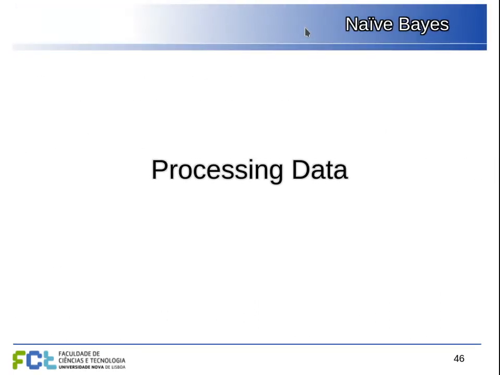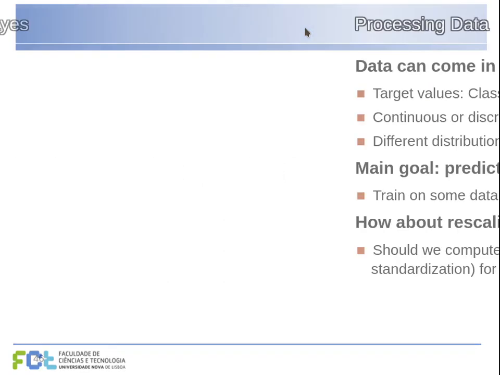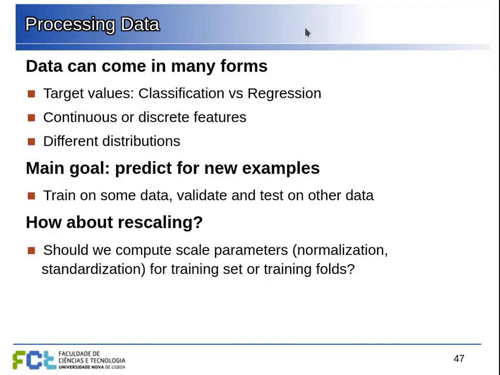Okay, so one thing that we've been skipping a bit so far, and we just talked about standardization, normalization, and so on, is pre-processing our data. Basically, rescaling the features, because depending on whether we are doing classification or regression, we may need to rescale the target values to avoid numerical problems.